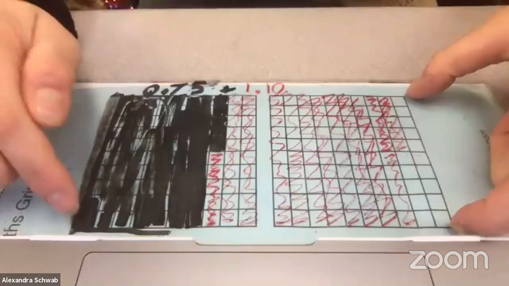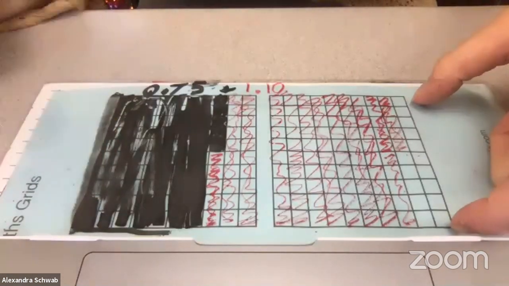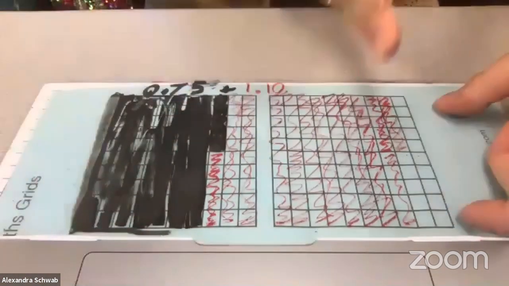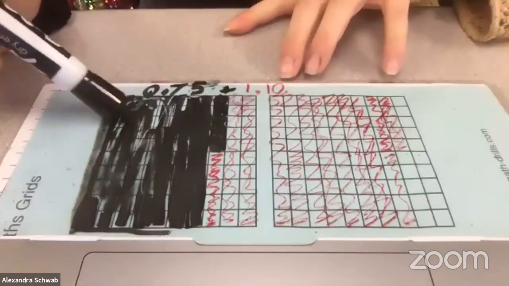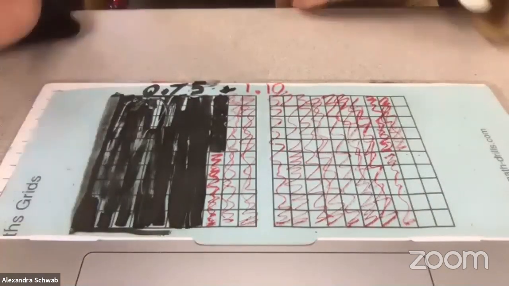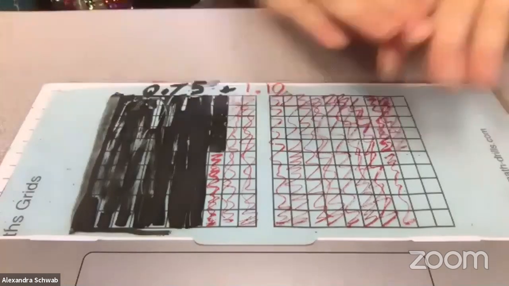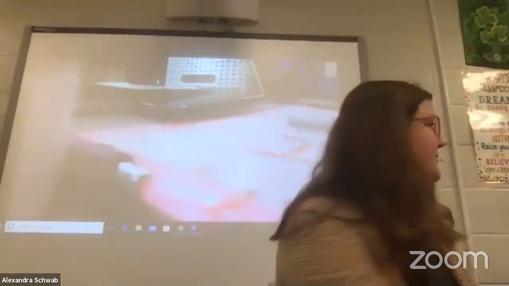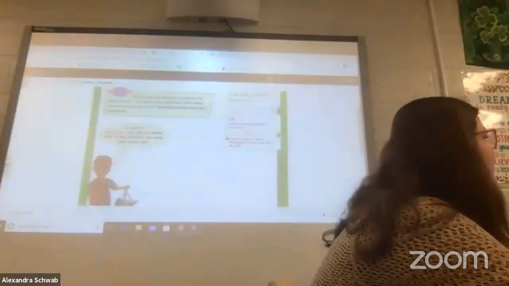I just have to count the squares or the columns. Each square represents 1/100, each column represents 1/10. That is how I can show addition using a model like a hundredths grid. Let's try another one.